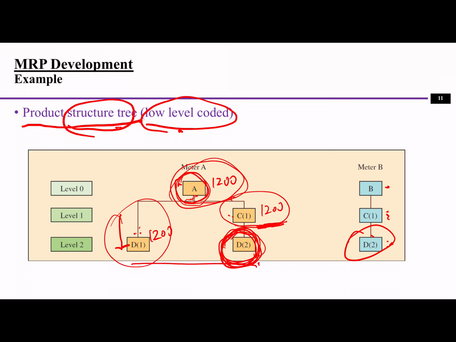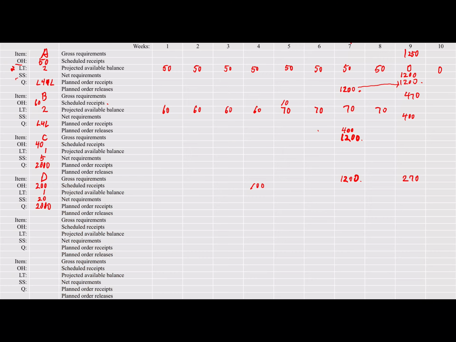For each B, we need 1 C, which means that the 400 of B triggered another 400 for C. Here it should be 1,200 plus 400, which will be 1,600.